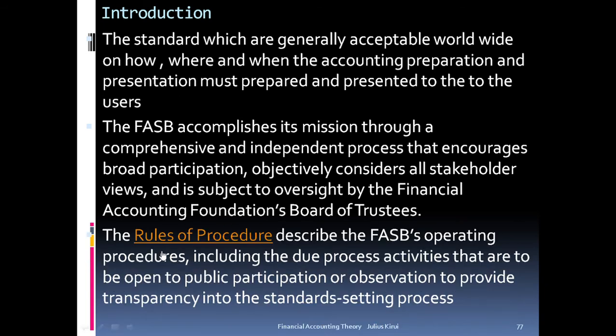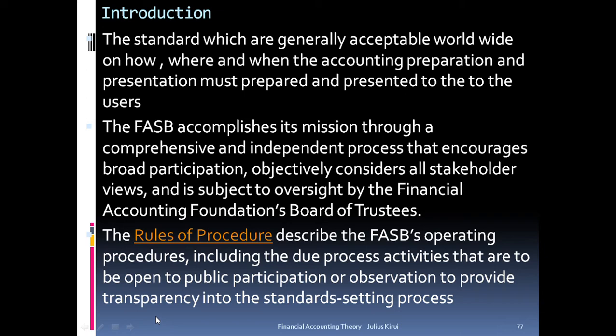So when you talk about a standard, the rules of procedure describe the Financial Accounting Standard Board operating procedures, including the due process activities that are open to public participation or observation to provide transparency into the standard setting process.